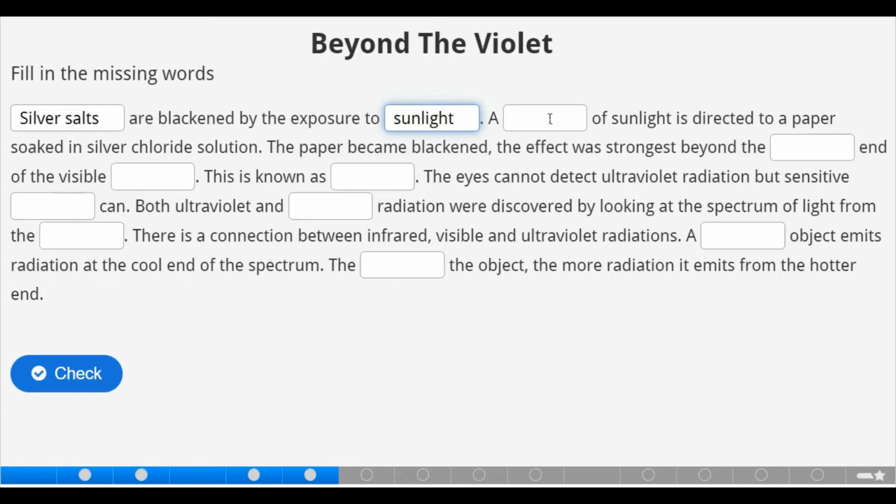A spectrum of sunlight is directed to a paper strip in silver chloride solution. The paper became blackened.